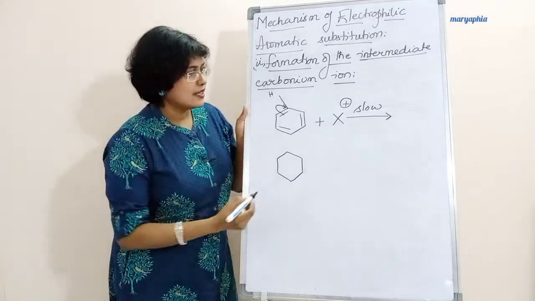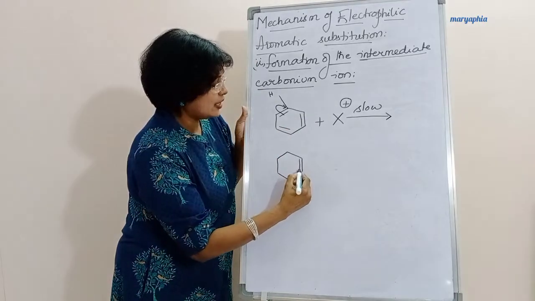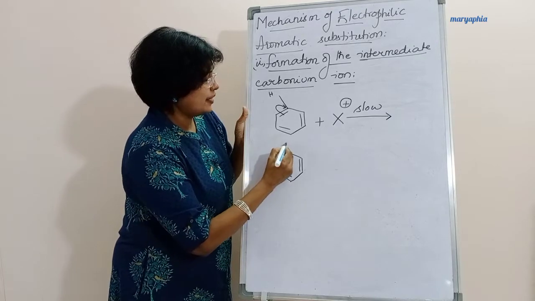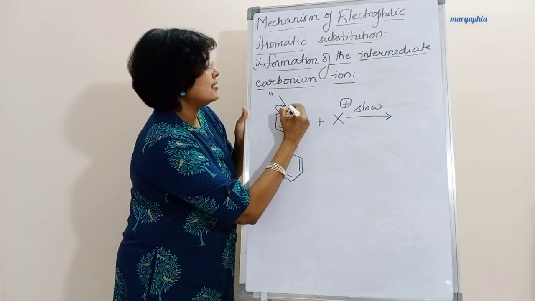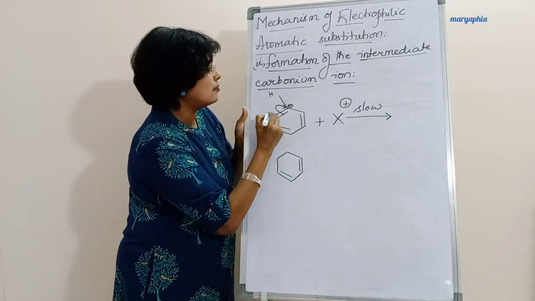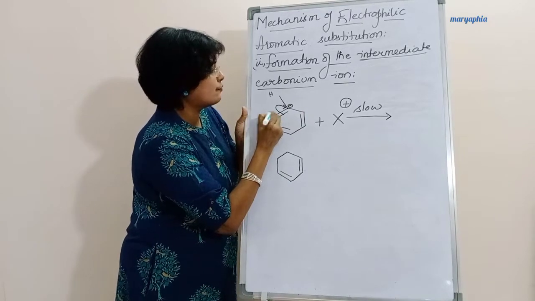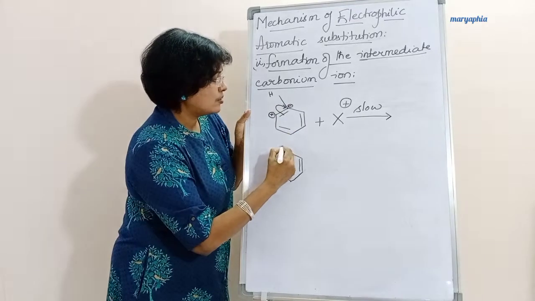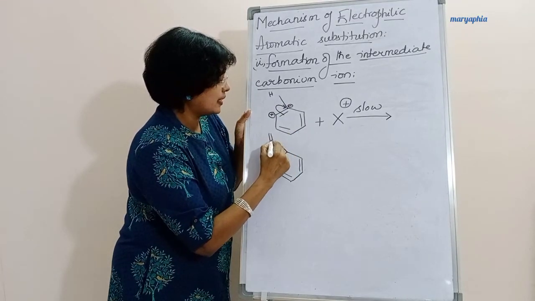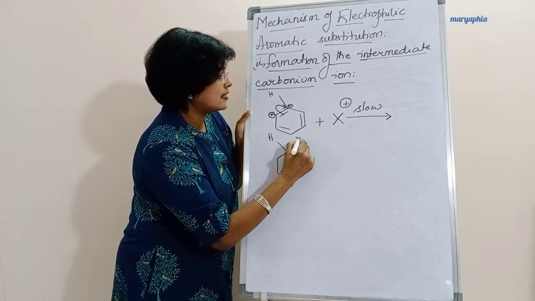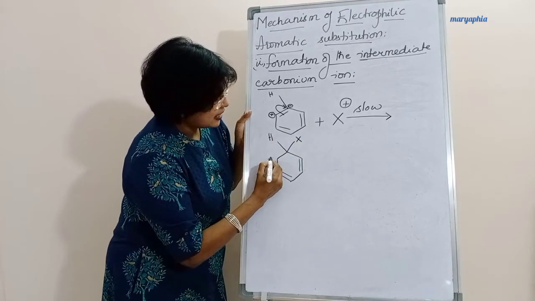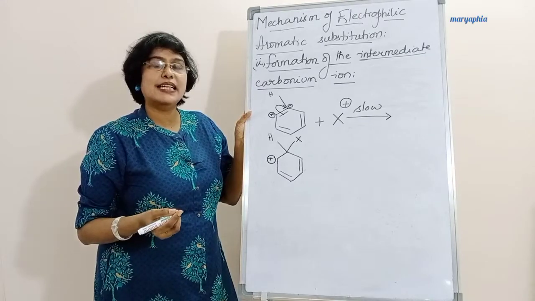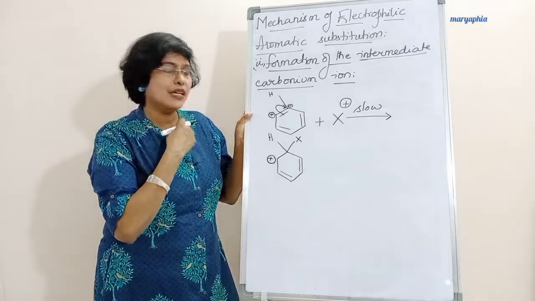See, this pi bond is here, this pi bond is here. Now this is moving to this side, so a negative charge is formed here and a positive charge is formed here. This X plus is attracted towards this carbon. There is hydrogen over here. Now X comes over here and the positive charge is here. This is called the intermediate carbonium ion.